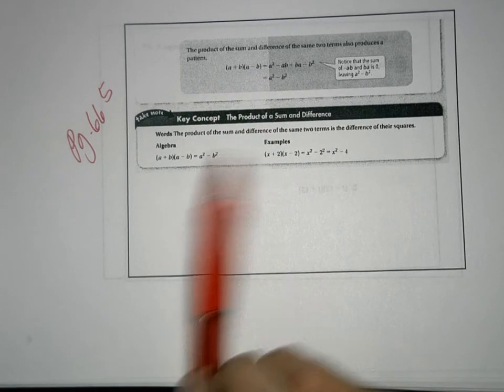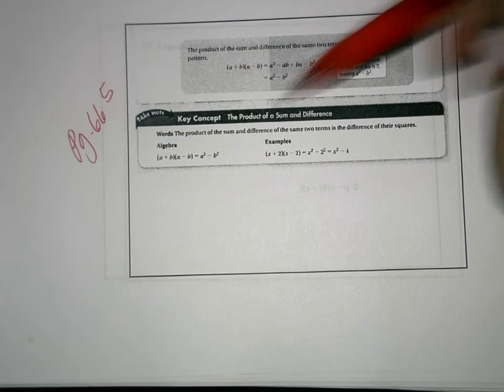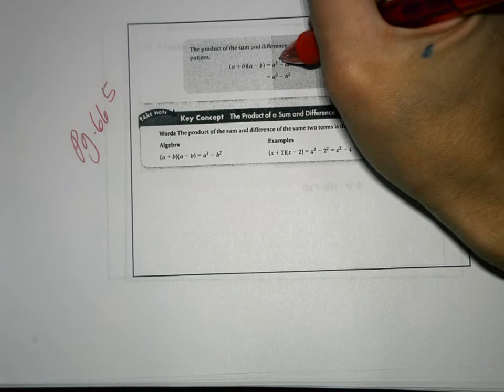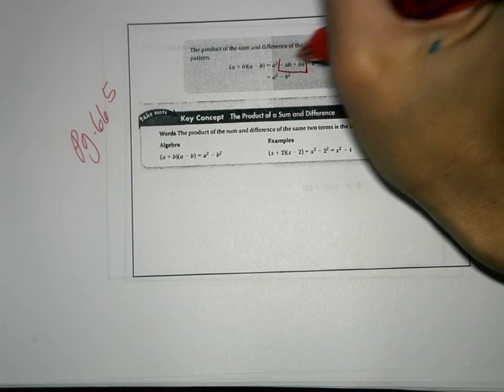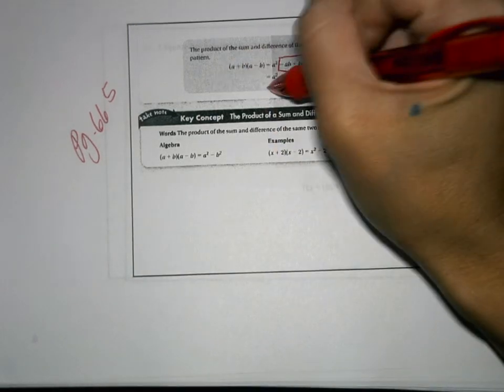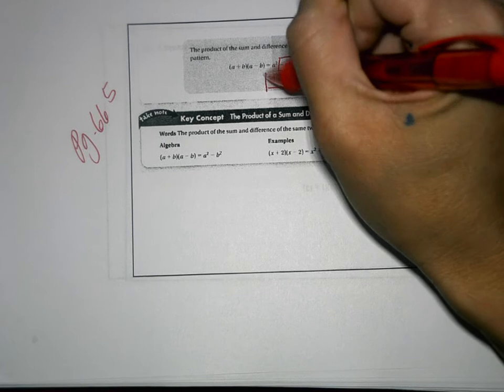The only difference is one has a plus in the middle and one has a minus. What you find is that when you multiply this one out, the two like terms end up canceling out. You have a minus AB and a plus AB, and that cancels out and makes 0. So you just end up with A squared minus B squared, and we're going to get into this later. This is called a difference of two squares.